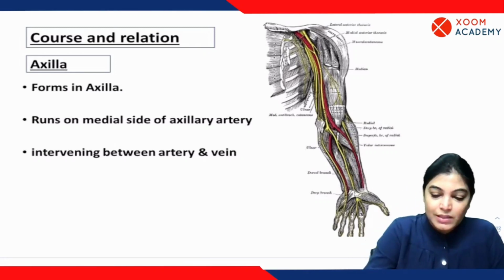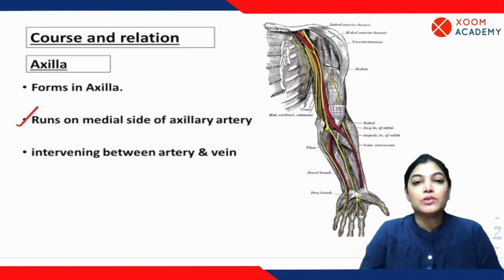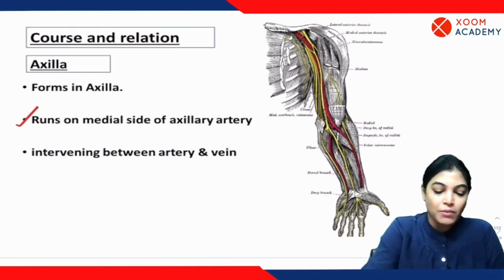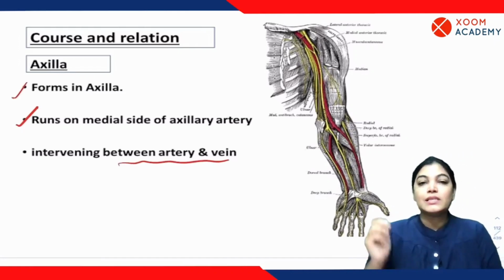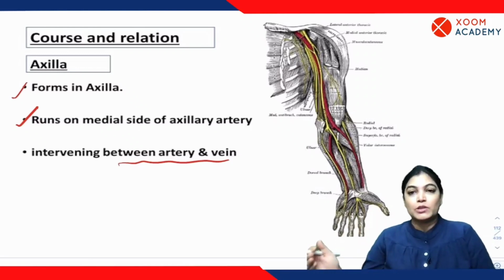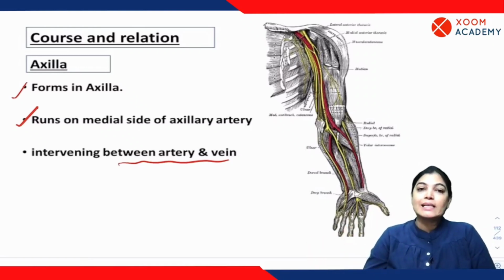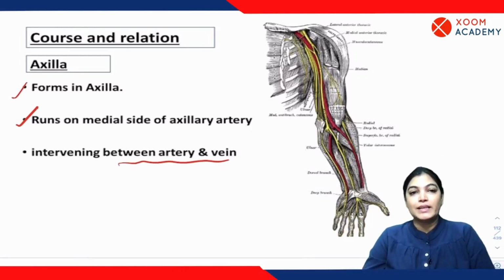This is what is written here. It runs on the medial side of the axillary artery in the axilla, and it traverses between the axillary artery and the axillary vein.